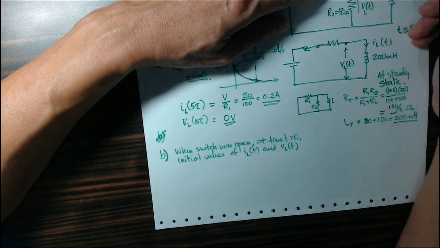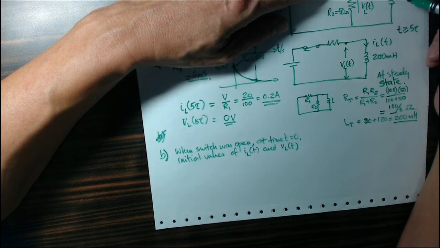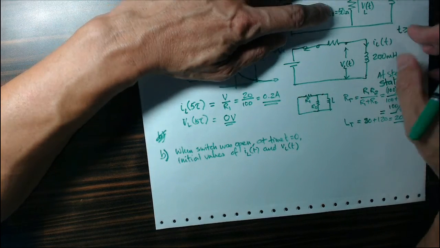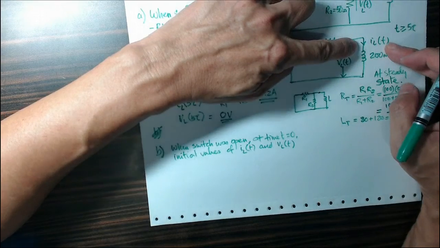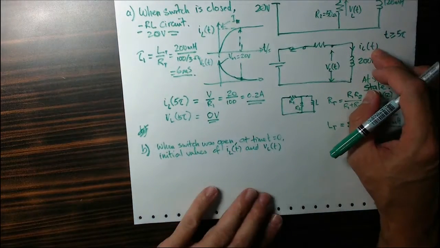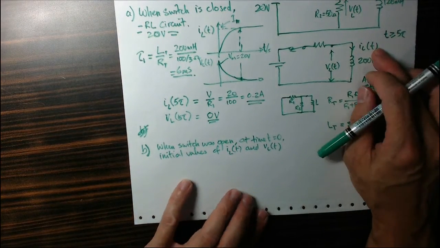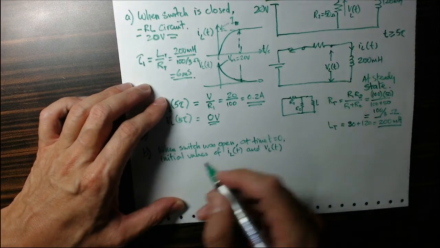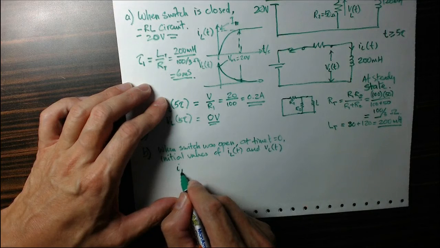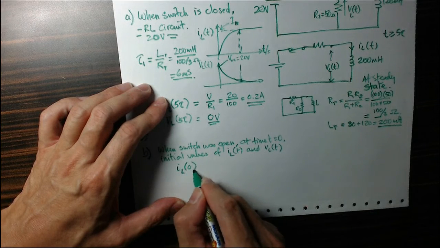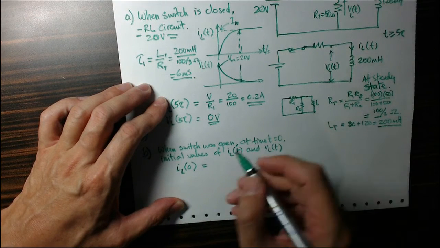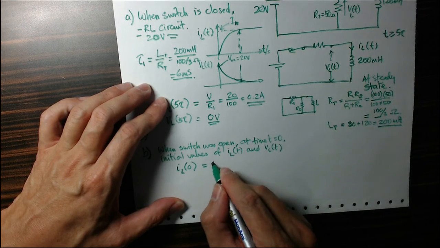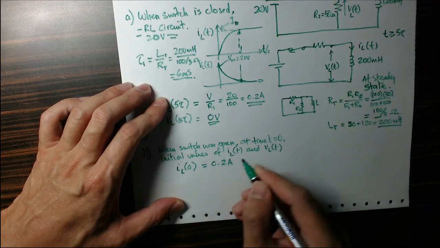In the storage phase, after a long time, this current is 0.2 ampere. So when the switch is opened, at that moment in time, the current remains the same. That means the current remains at 0.2 ampere.